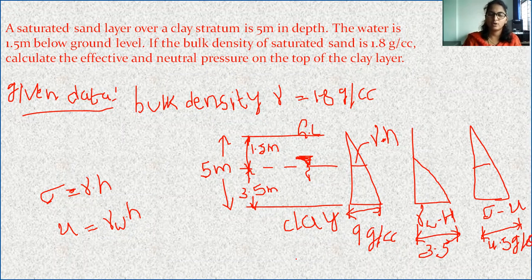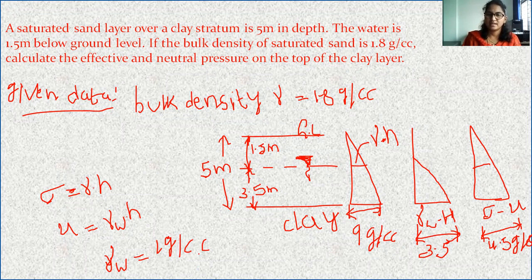So we complete the problem. Here we take the unit weight of water gamma W as 1 gram per cc. Given the problem, the overall thickness is 5 meters, but the water table is at 1.5.